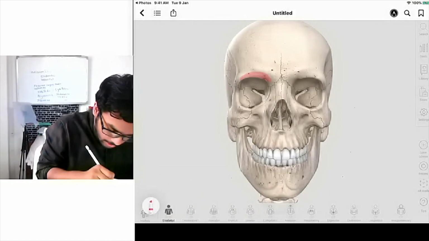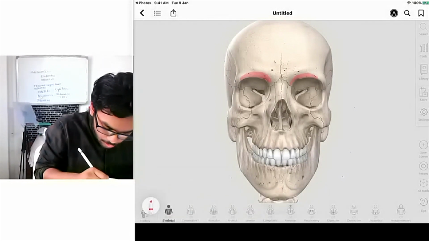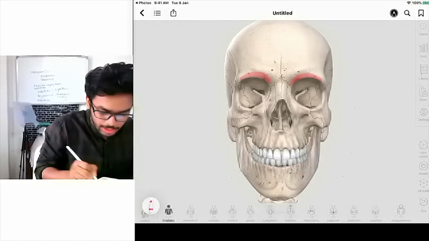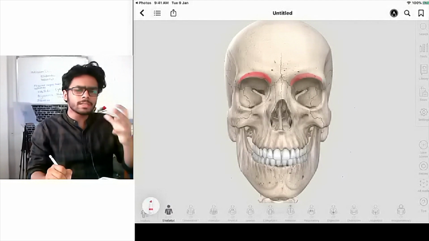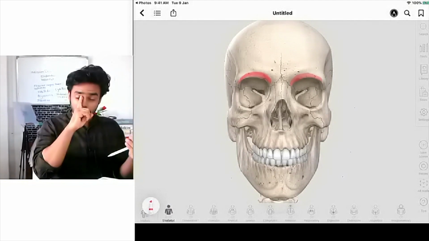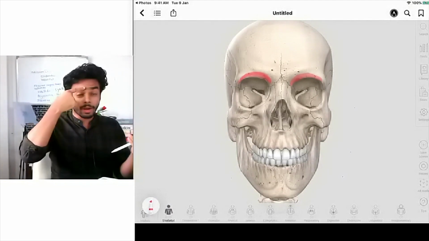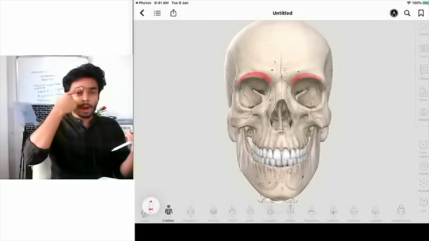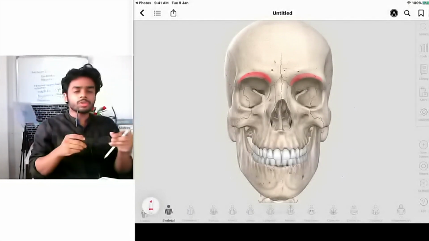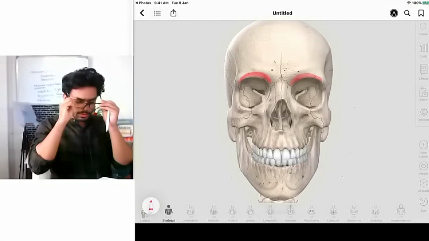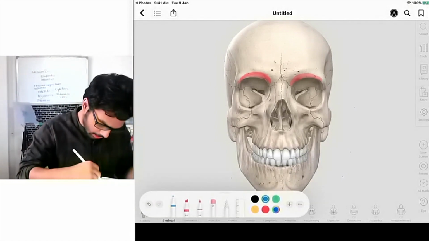Can you see this structure? This is the superciliary arch. You can see it is curved as well as rounded. What does the word rounded mean? When you touch your forehead region like this, it will be rounded because you can't feel any sharp bend there.